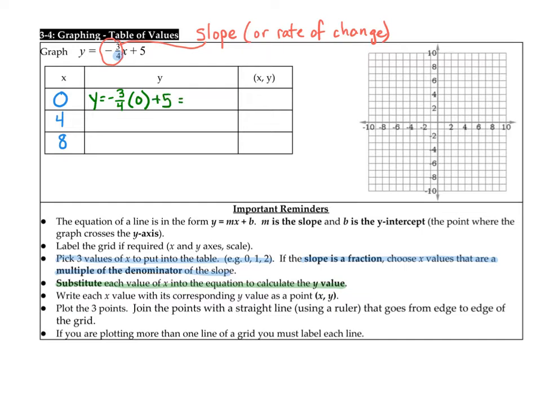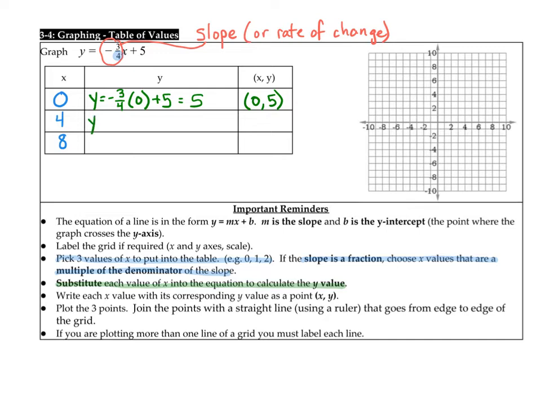And you can use your calculator or you can use your mental math. -3 times 0 is 0. 0 divided by 4 is 0. And then 0 plus 5 is 5. So that means your x value is 0 and your y value is 5. So 1 point on the graph is 0, 5.